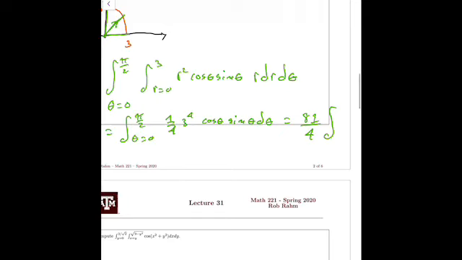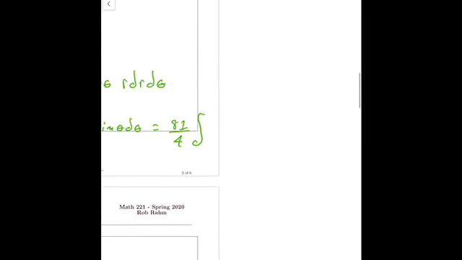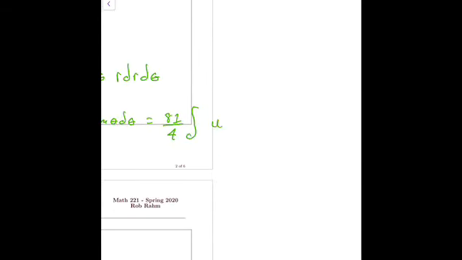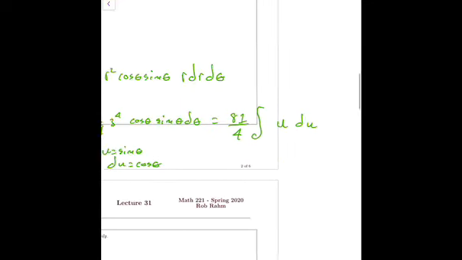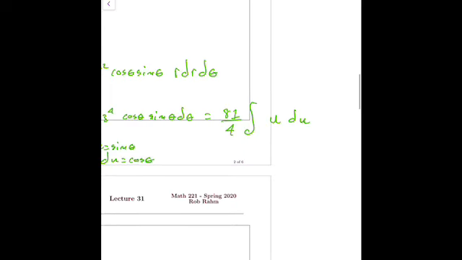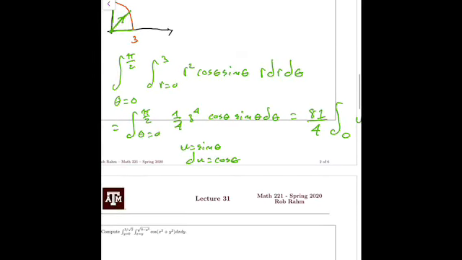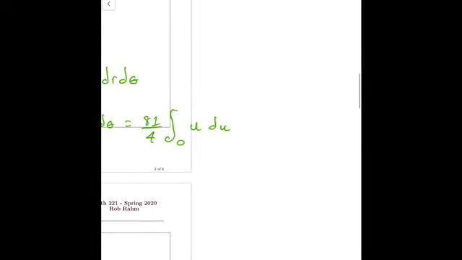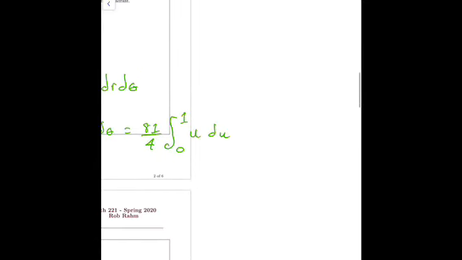Now for the integral, I'm going to say that u is equal to sine theta, so that du is equal to cosine theta d theta. So the integrand becomes u du, and the limits, if theta is 0, u is sine theta, so that's equal to 0, and sine of pi over 2 is equal to 1.